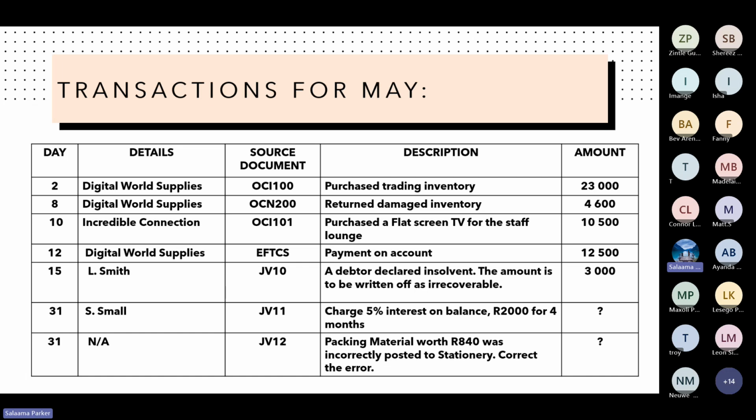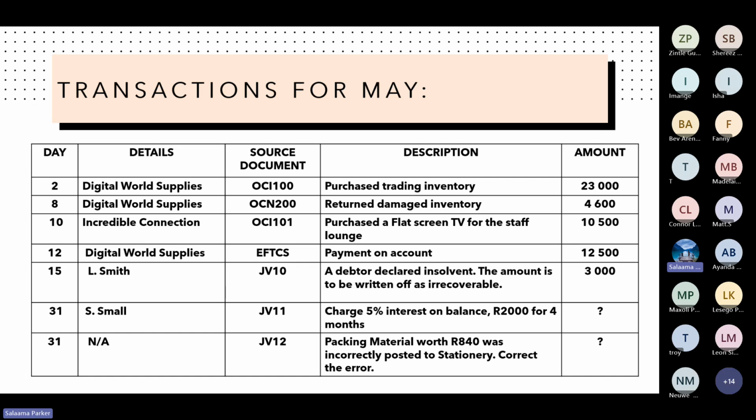Original credit invoices, those ones will go to our CJ, creditors journal. There we go, CJ, OCI. Okay, not cash book. The only time we will record into our cash book payments is when it's an EFT payment for trading inventory.